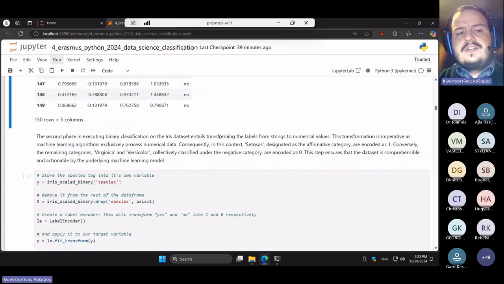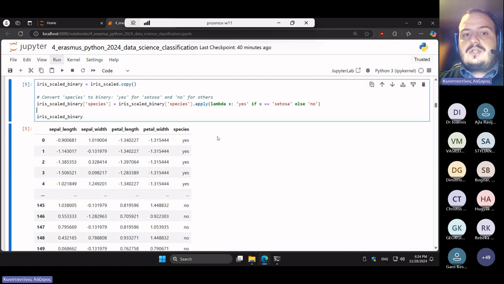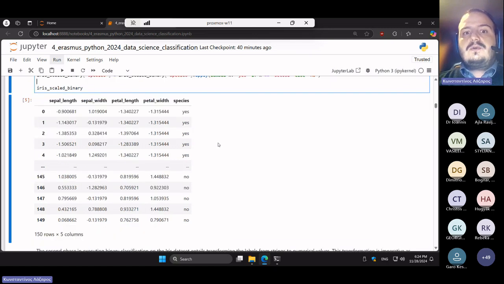So the second thing that we need to do, aside from simplifying our problem for starters, is to be able to convert this categorical variable into some sort of numerical representation, right? The reason behind this is because supervised machine learning models, being computer programs and whatnot, do not really understand text, so to speak.